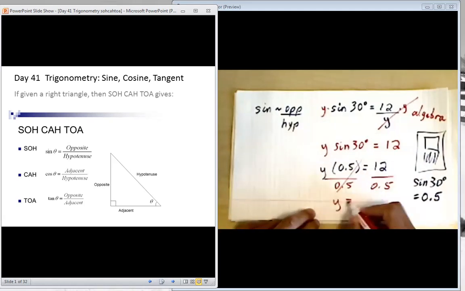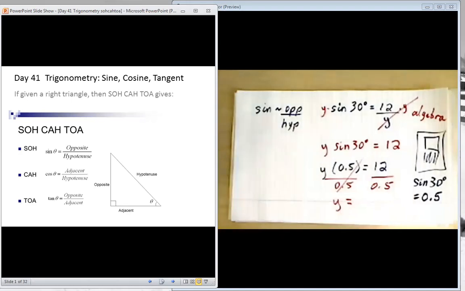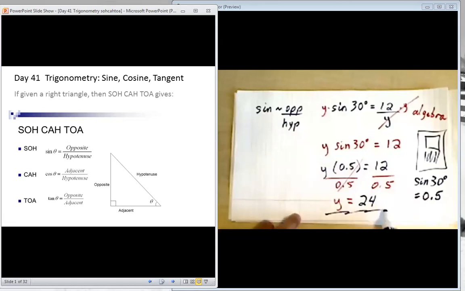We get y is equal to 12 divided by 0.5. It's going to be like 12 divided by 5/10. And then it's going to do 12 times 2, and it's going to be like 24. Nice, yeah. The final answer, possibly flipping some fractions around in your head and such. Final answer is y is equal to 24.